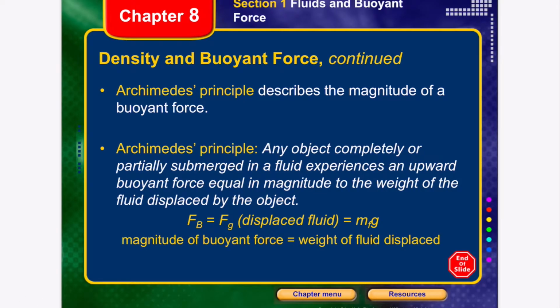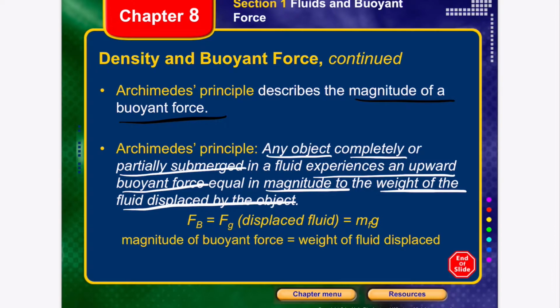Archimedes principle also describes the magnitude of a buoyant force. It states that any object that is completely or partially submerged in a fluid experiences an upward buoyant force equal in magnitude to the weight of the fluid being displaced by the object.